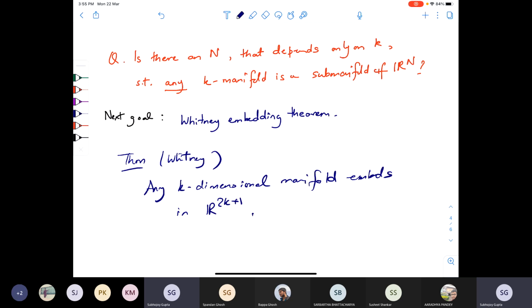This is an improved version of what we just discussed, because now the target space has a dimension not depending on anything other than the dimension of the domain manifold. So it's just R to the 2k plus 1.